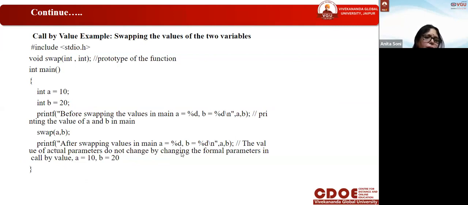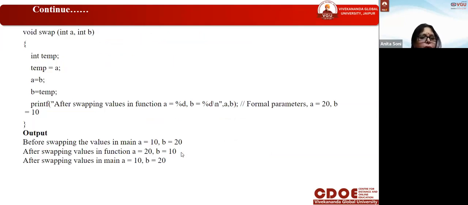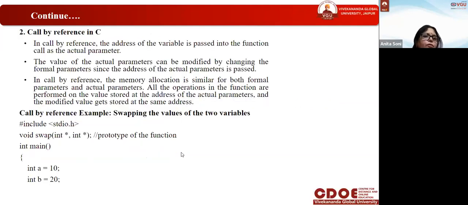Because A and B are local variables to the main program, so these values won't get modified even after the swap function. So in call by value, you cannot modify the value. This is the drawback in calling functions. If you want to modify a value, you have to use call by reference.